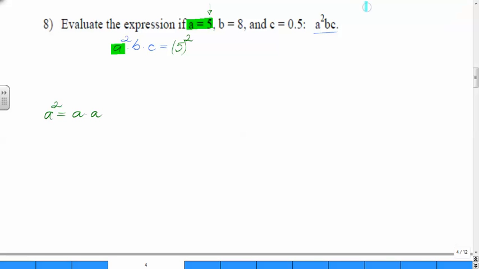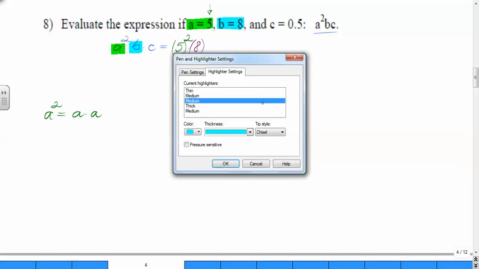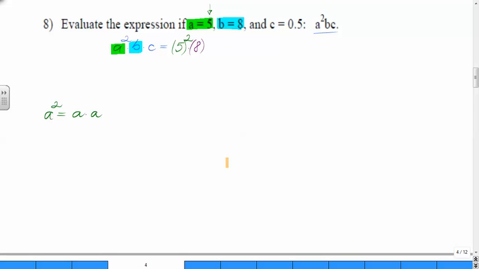Good. Next one. Wherever you see B in your expression, you will plug in 8. Good. B times 8. If you want, I'm going to put this parenthesis, like I said, for no other need than just to show you that that's a substitution of my B. Alright, and now for C, I'm gonna use 0.5. Can anybody tell me how can I write 0.5 as a fraction?